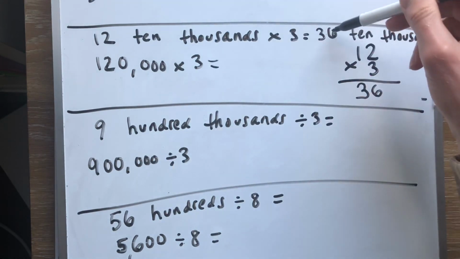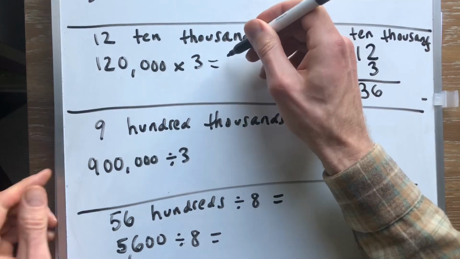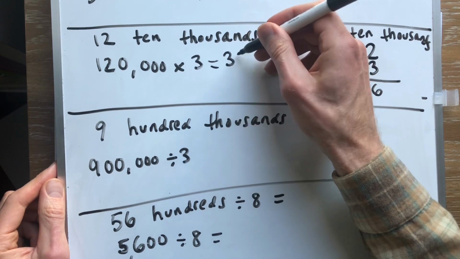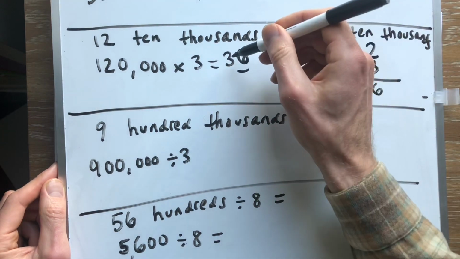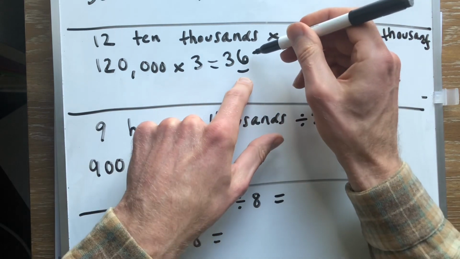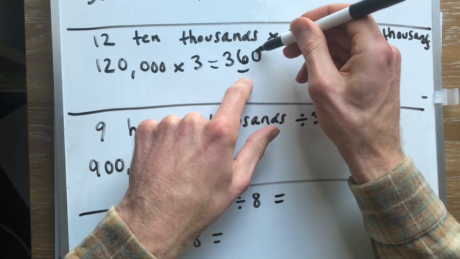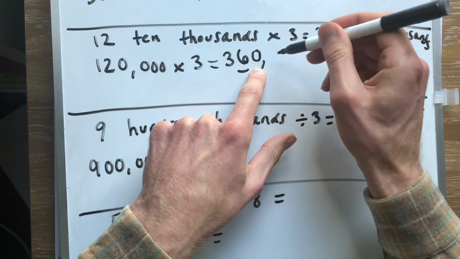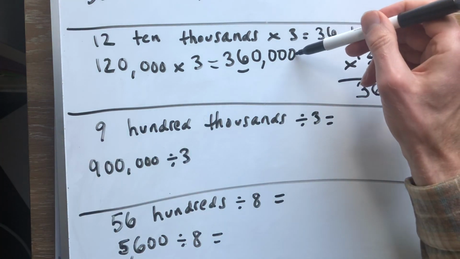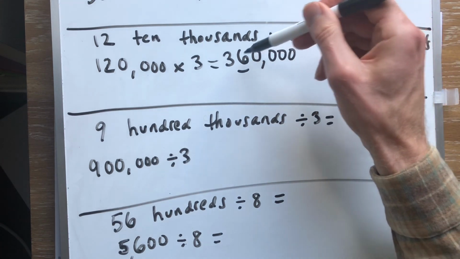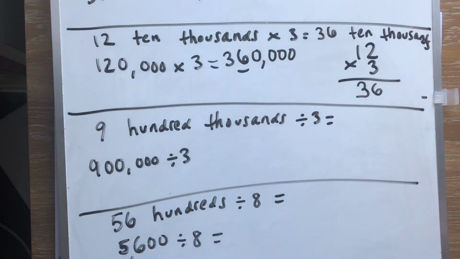We just figured it out: 36 10,000s. So when I write the answer down, I have to make sure that 6 is in the 10,000 spot. I can count back to make sure: ones, tens, hundreds, thousands, 10,000s. Got it.